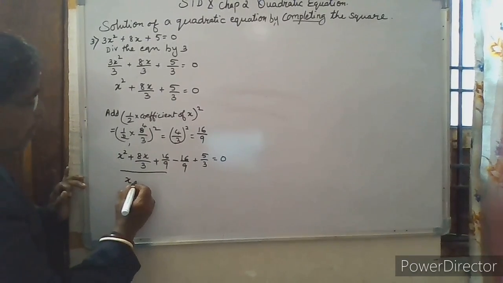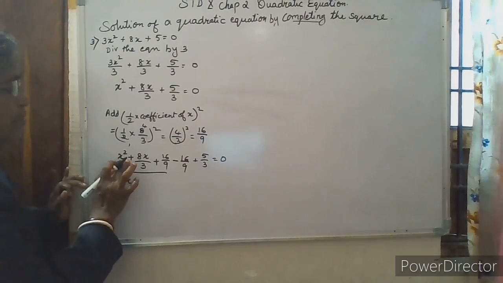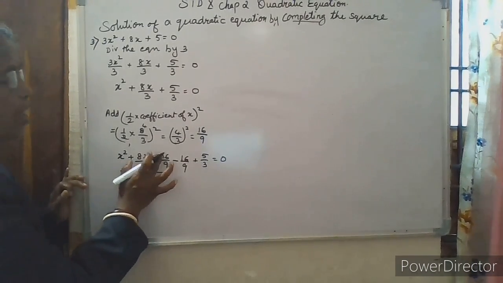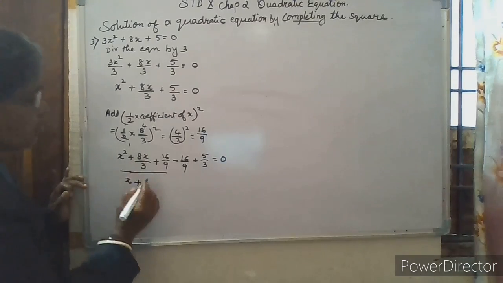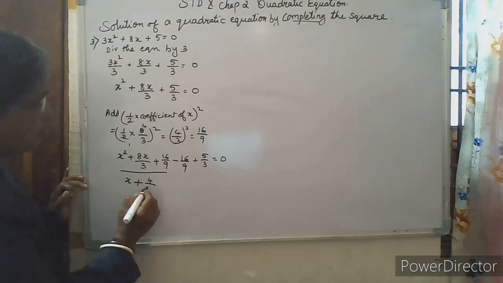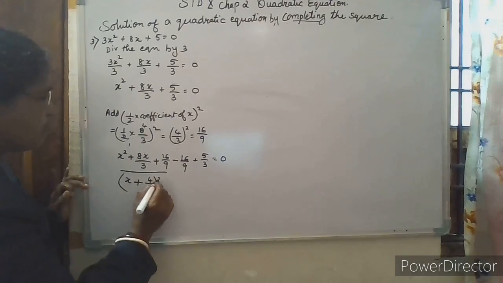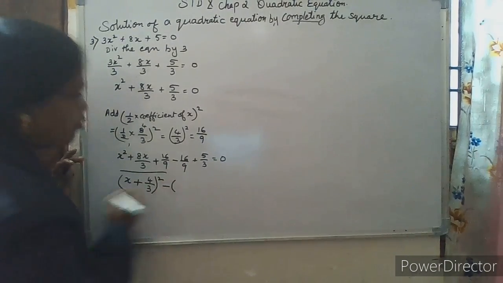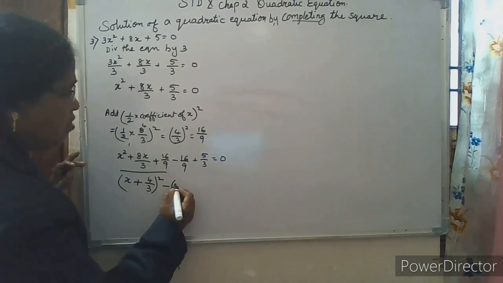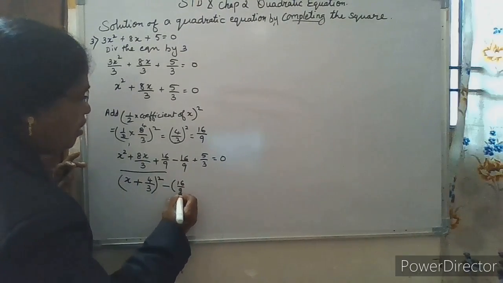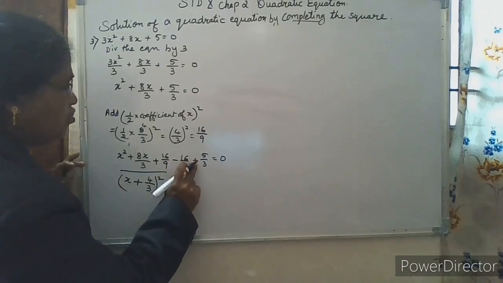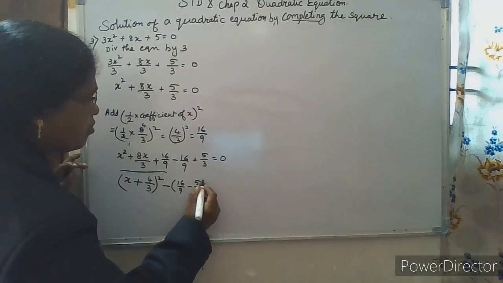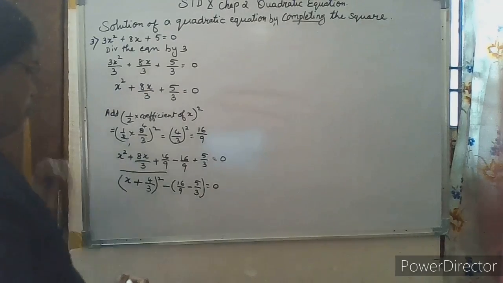So the factors will be x, plus sign as the middle term is plus, so plus root of 16 by 9. Root of 16 is 4, root of 9 is 3. Minus, put the bracket: minus into minus, plus 16 by 9. Minus into plus is minus 5 by 3, equal to 0.